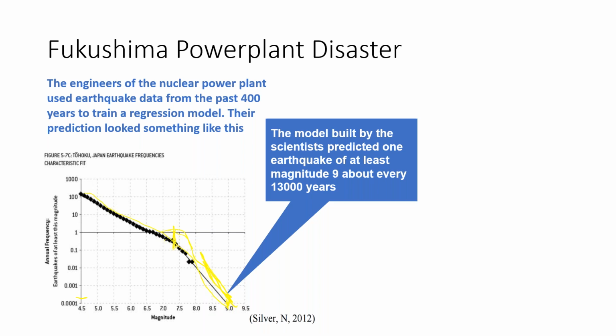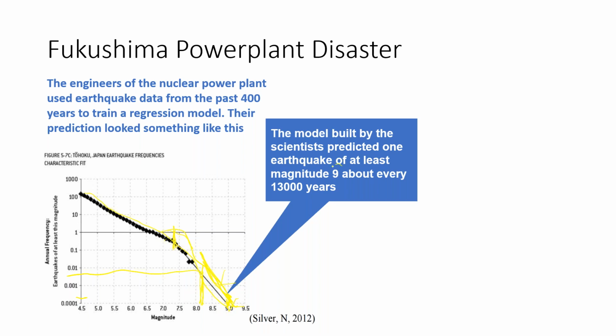They thought it would never happen, so they decided, let us not build for 9, let us build for 8.5, which occurs about once in 300 years. Let us spend money and build for this kind of earthquake, and forget about the 9 kind of earthquake. That is how they did it.